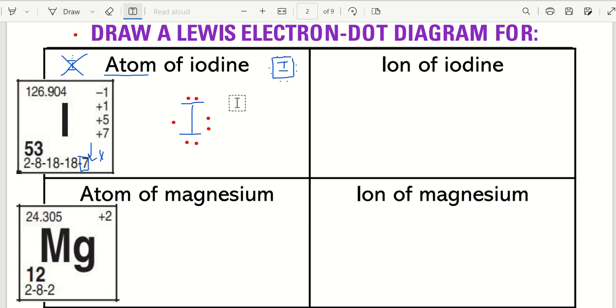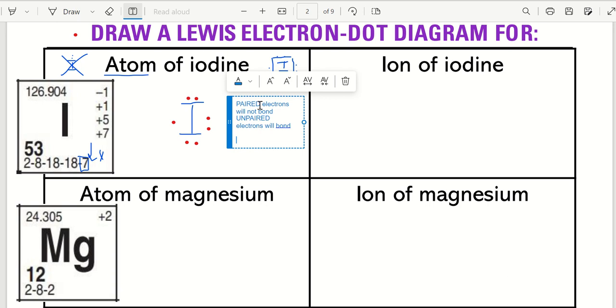All right, now I'm just going to give you a little note here that paired electrons will not bond. Unpaired electrons will bond. So iodine can form one bond. It has one singular unpaired electron.